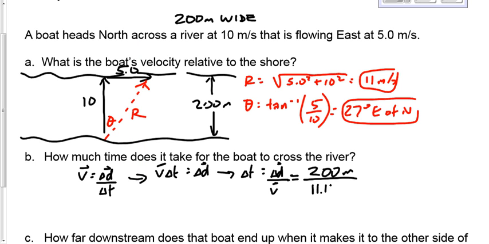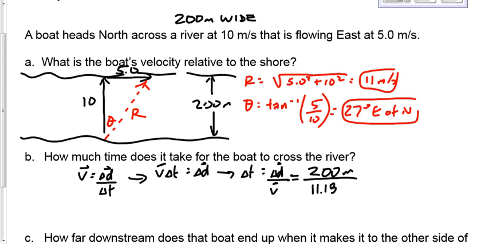11.18? Hold on before you write that down. That's wrong. You cannot use that 11. Well, actually, you could use the 11.18, but if you did, you couldn't use the 200. You can't use them both. It's either the 200 or the 11.18.